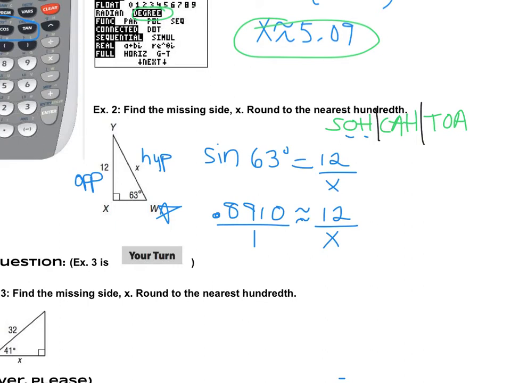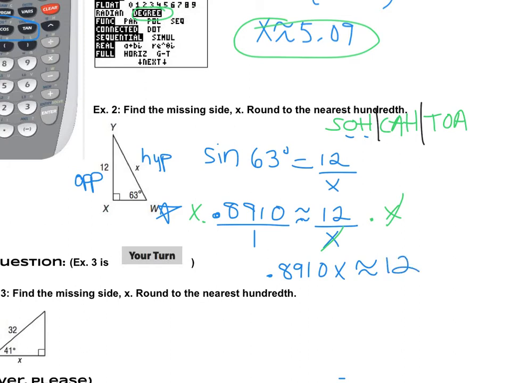So let's introduce that as a multiplier in the numerator on both sides of our work. You can see what happens is that the x cancels out on the right-hand side, but it's now introduced on the left-hand side in the equation. So we have 0.8910 times x is approximately equal to just 12.